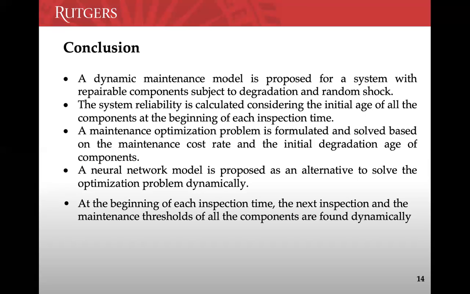And then I also proposed the alternative neural network for the maintenance optimization problem, and I did some analysis for the neural network. Using this proposed model, we can have a dynamic maintenance model that at any time, based on the initial age of the component, we can find the next maintenance decisions, such as inspection time and unconditioned thresholds.